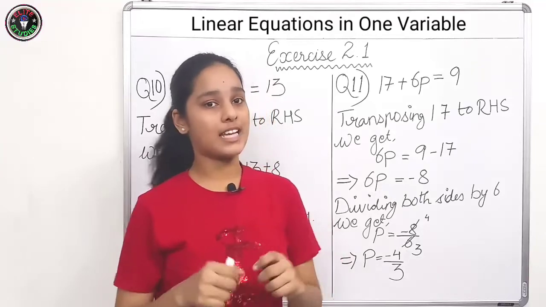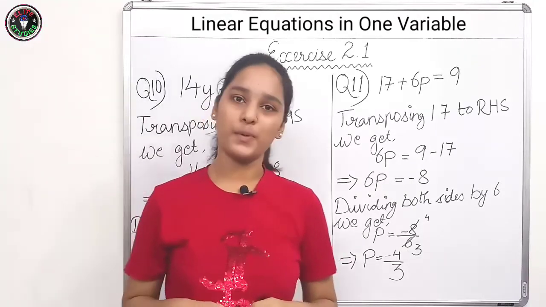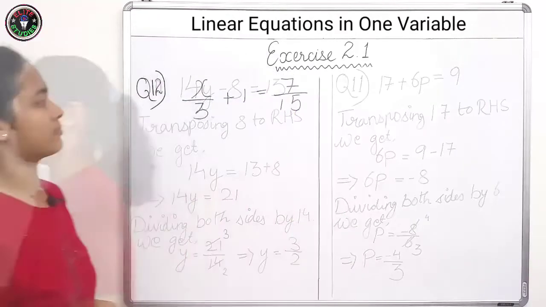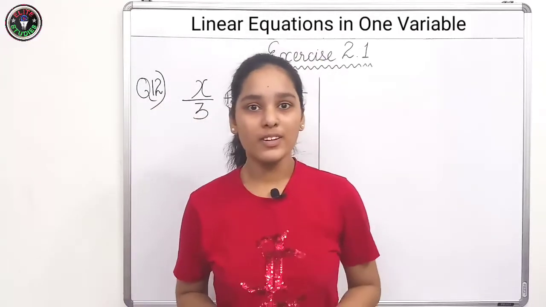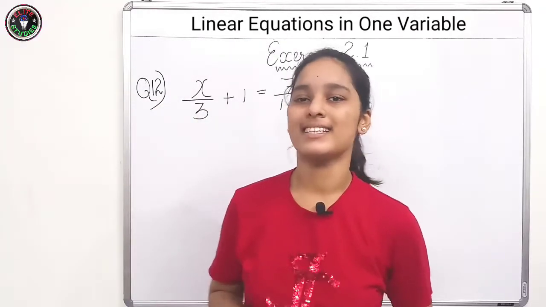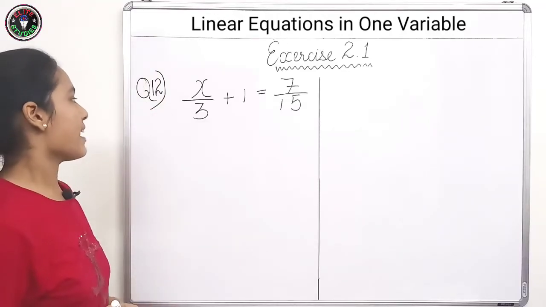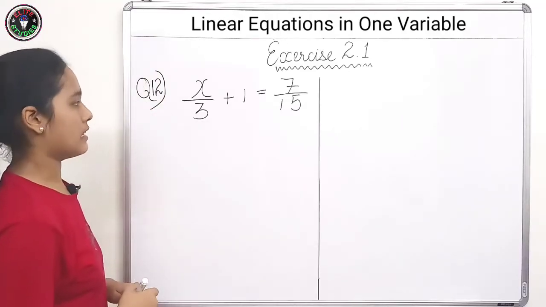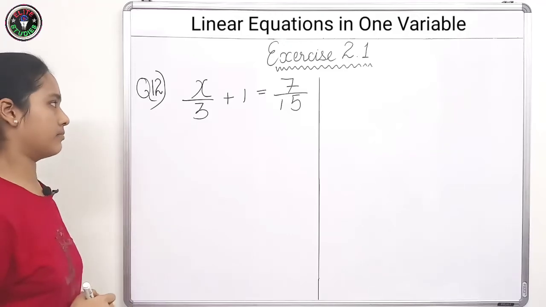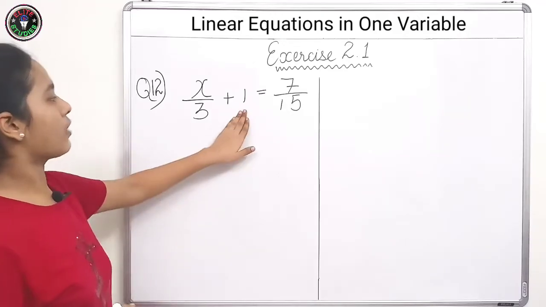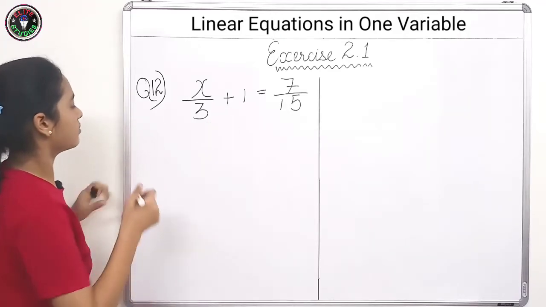Let's go to our last question, that is question number 12. Now we will do the last question of this exercise, that is question number 12. The question is x by 3 plus 1 is equal to 7 by 15. First of all, we need to get rid of this 1.